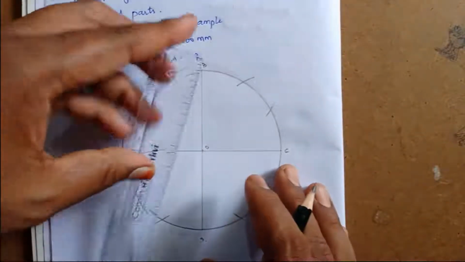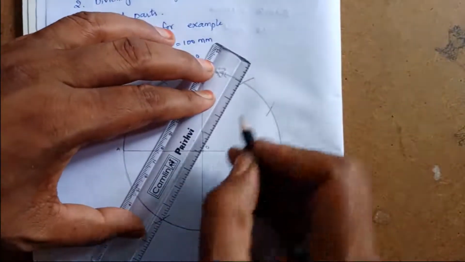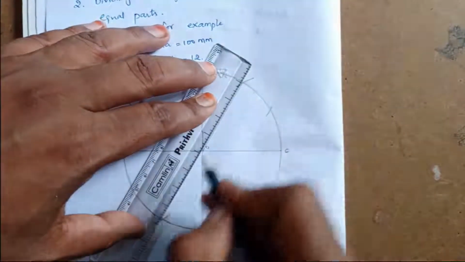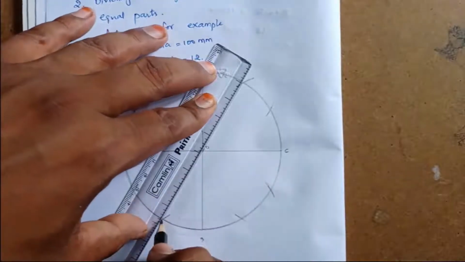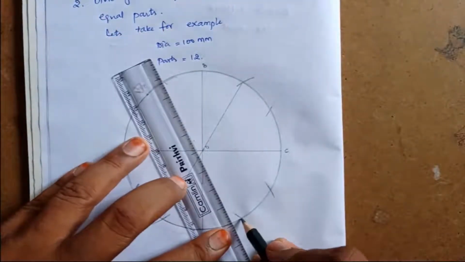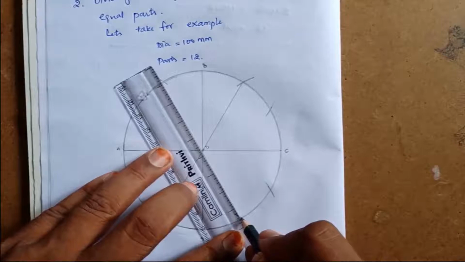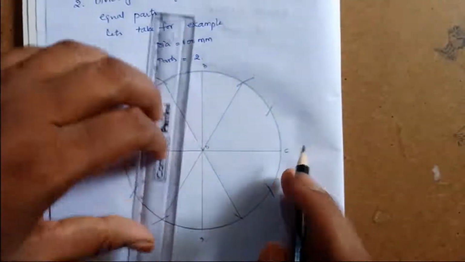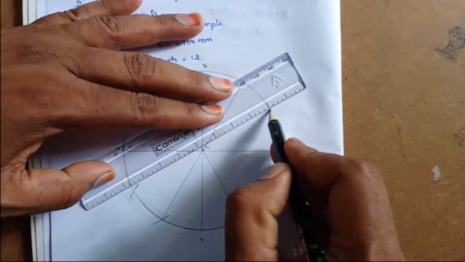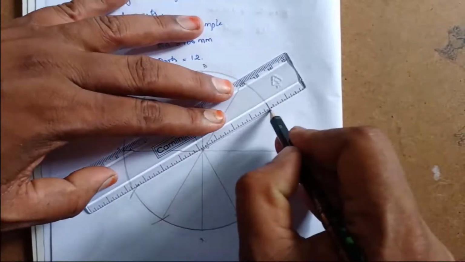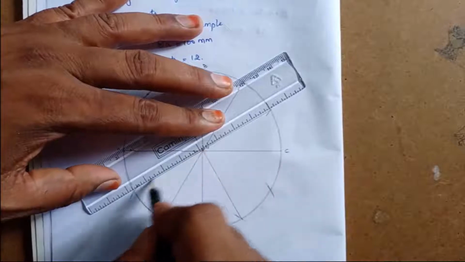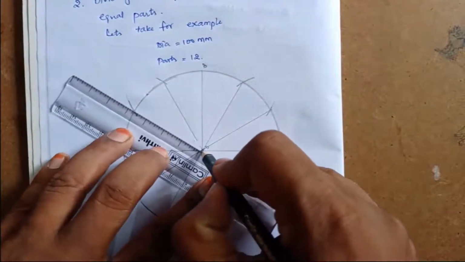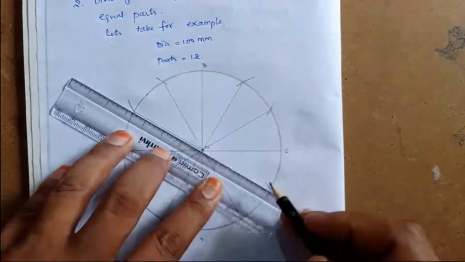Now take the scale and join the arcs towards the center at all the points. Once you join, you can see that you have divided the given circle into 12 equal parts.